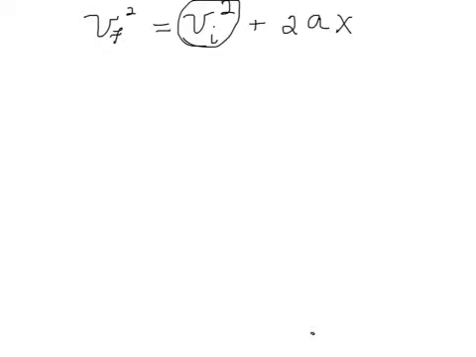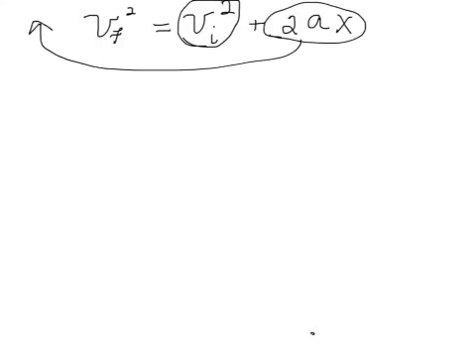Okay, so what I would do is take this term and move it over here, then the v initial squared will be by itself. The basic rule of algebra, logic and rational rule, is that if you do one thing to one side of the equation, you do the same thing to the other side.